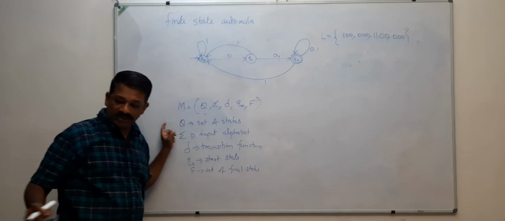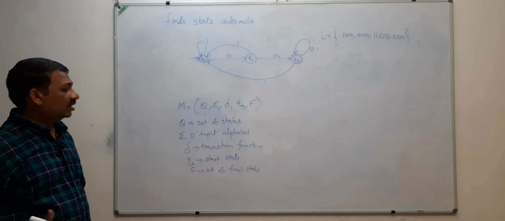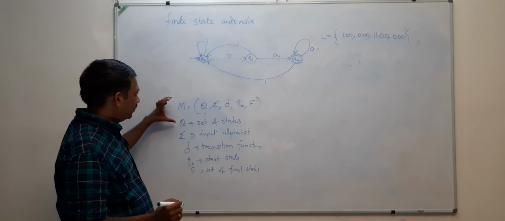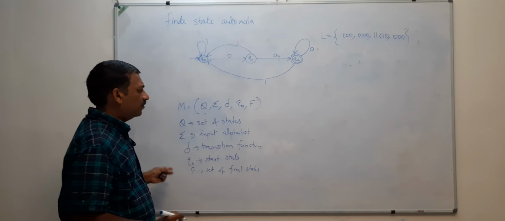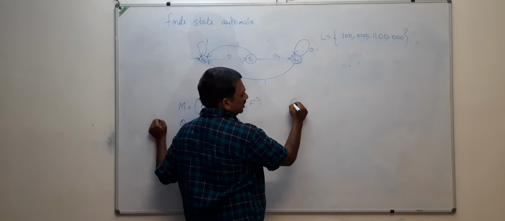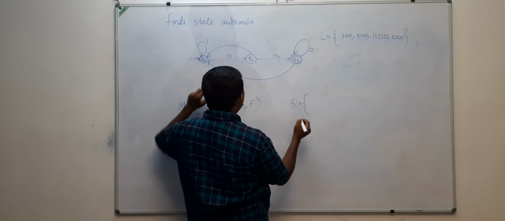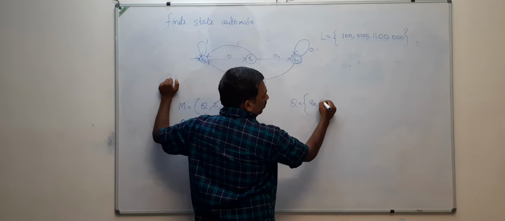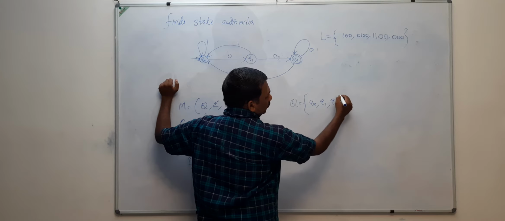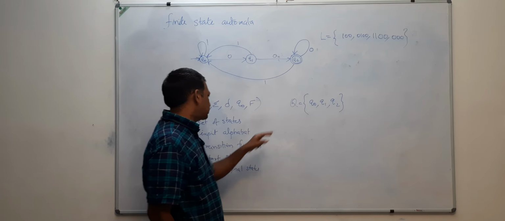Now, using this, we can define M as a five-tuple (Q, Sigma, delta, Q0, F), where Q is the set of states. Here we have three states, Q0, Q1 and Q2. Q is the set of states.